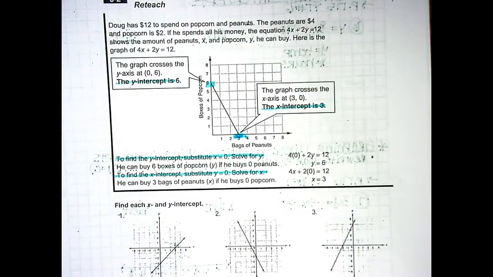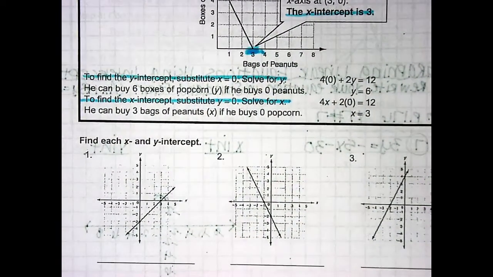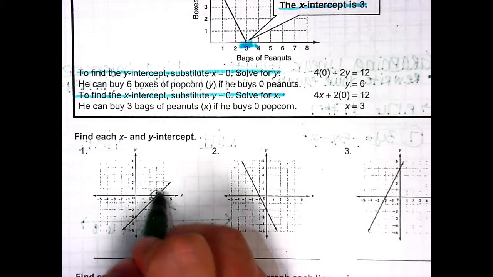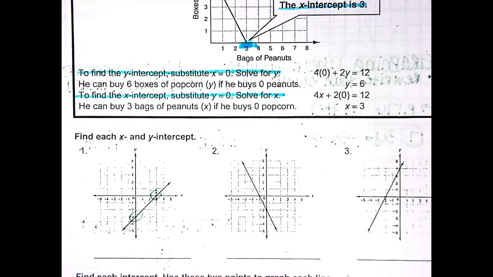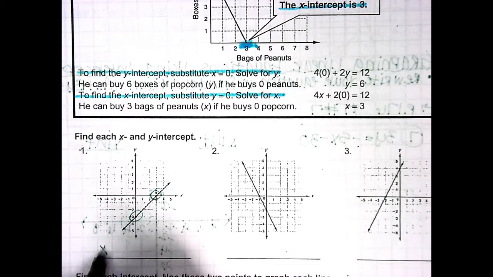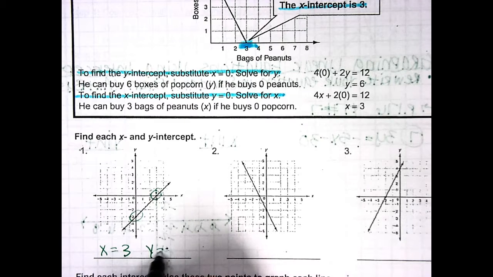And to find an x-intercept, you substitute y equals 0 and solve for x. In examples 1, 2, and 3, it says find each intercept. I know these graphs are a little rough to see, but it's going to be the place where our graph crosses each axis. So the graph crosses the x-axis at 3, and for this one, it crosses the y-axis at -3.